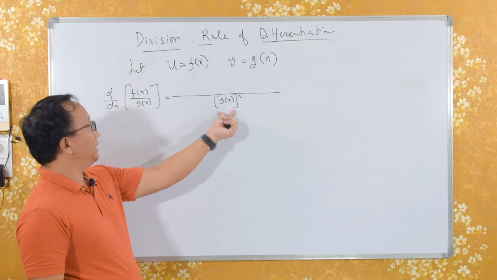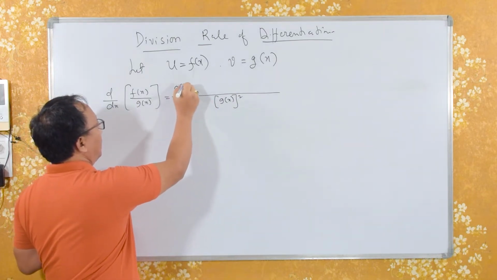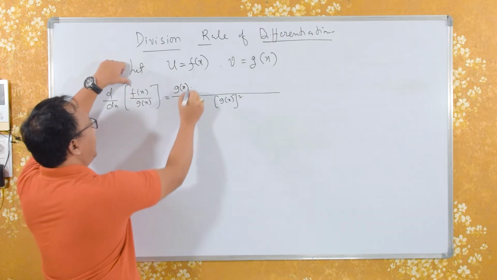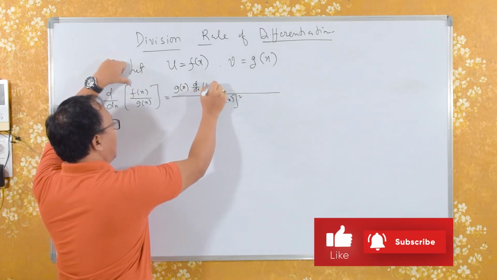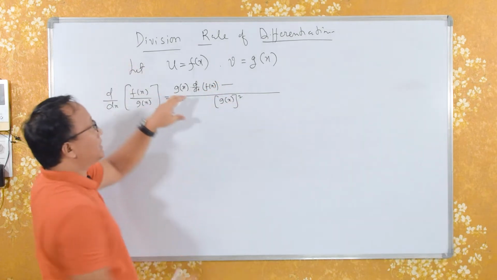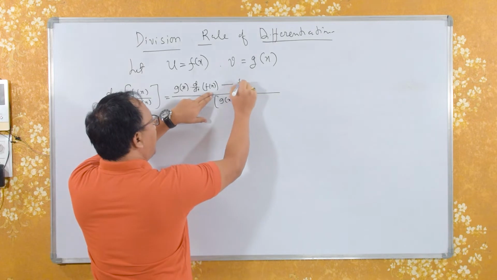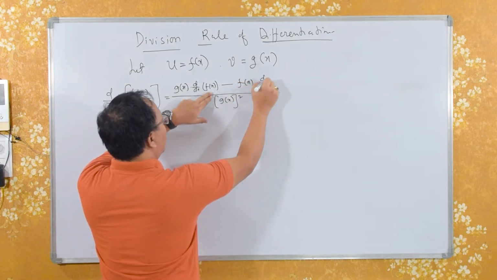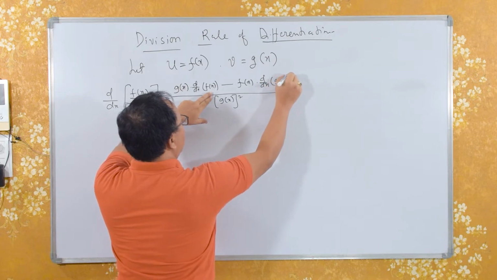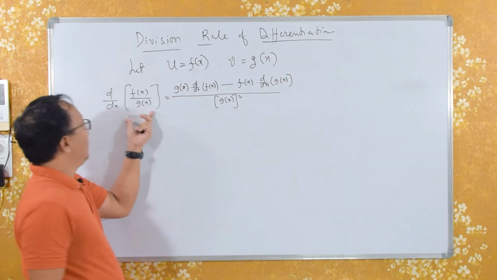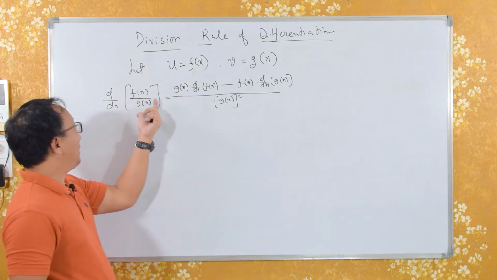Now bring this g(x) over here and differentiate f(x), minus, keep the minus sign. This differentiation is over, so keep f(x) as it is. Again, differentiate g(x).